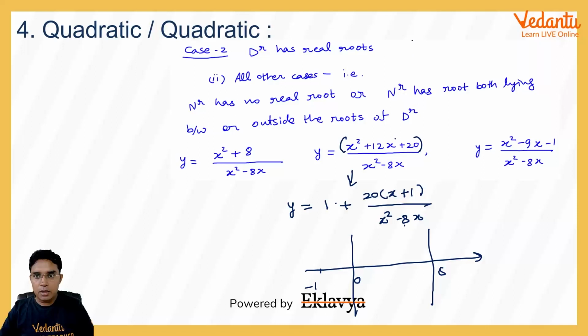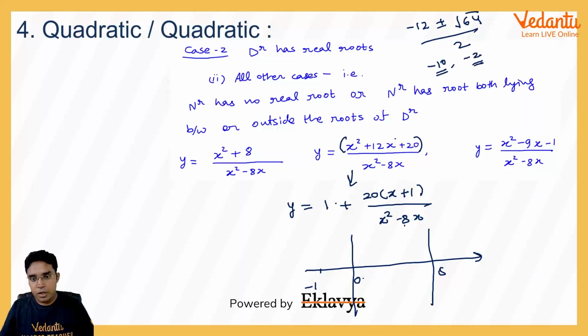Let us check. Minus 12 plus or minus root over 144 minus 80. 144 minus 80 is 64, upon 2. I think we are getting rational roots. It could have been written as 10 into 20. Yeah, 10 into 20. So the roots will be minus 10 and minus 2. You can check. Minus 10 and minus 2.